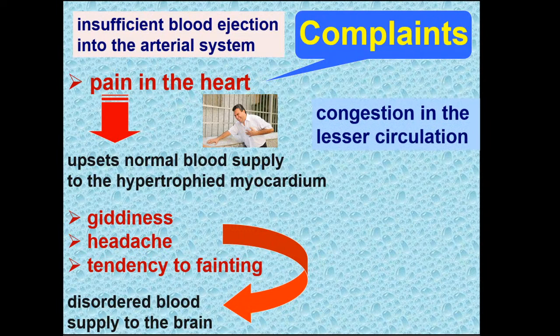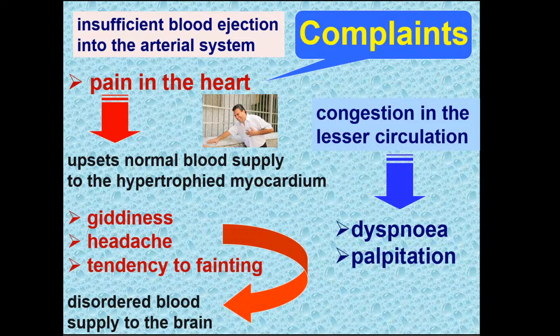And later there will be signs of decompensated activity of the left ventricle, which manifest with congestion of blood and less articulation. The patient feels dyspnea, palpitation, cough, and hemoptysis.